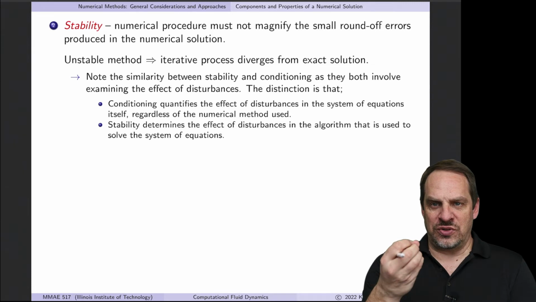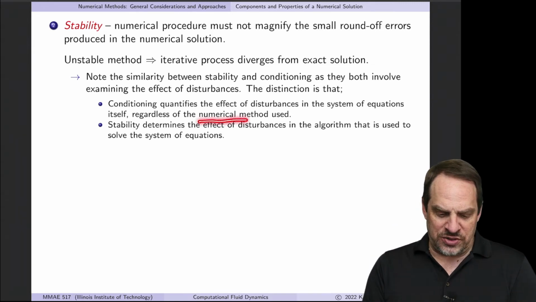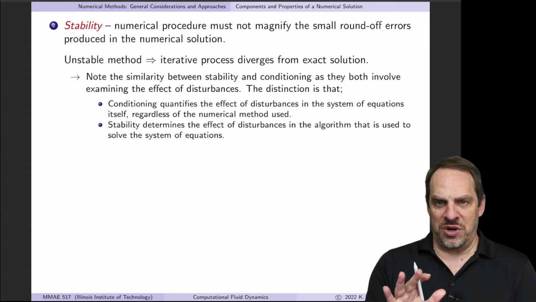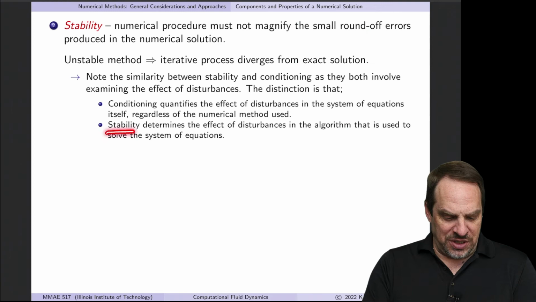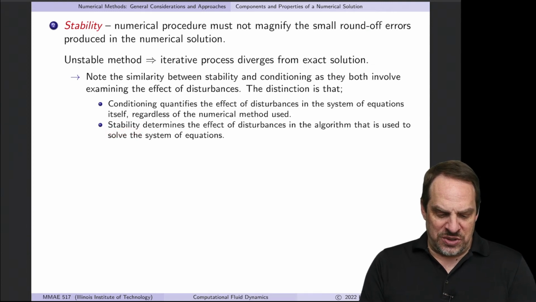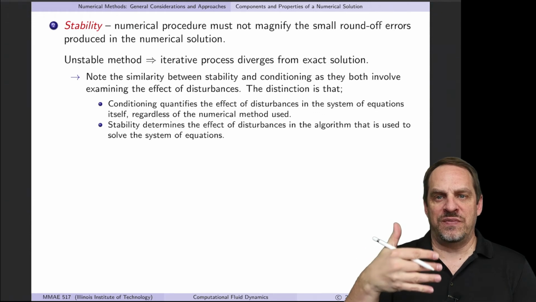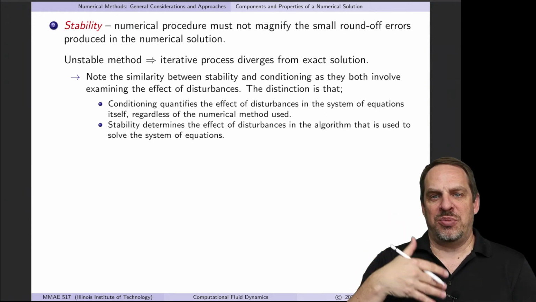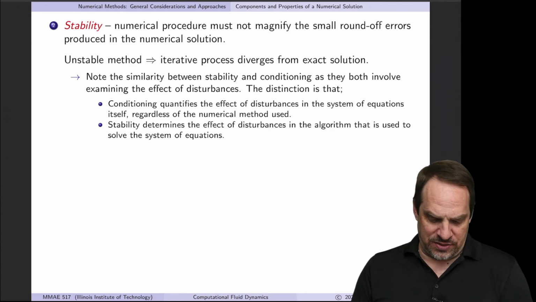If I introduce a small disturbance, what is the effect of that? And that's regardless of the numerical method. It has nothing to do with the numerical method. It's a property of the system itself. Stability, on the other hand, determines the effect of the disturbances in the algorithm. So it's not a property of the system itself. It's a property of the algorithm that is iterating on that system.